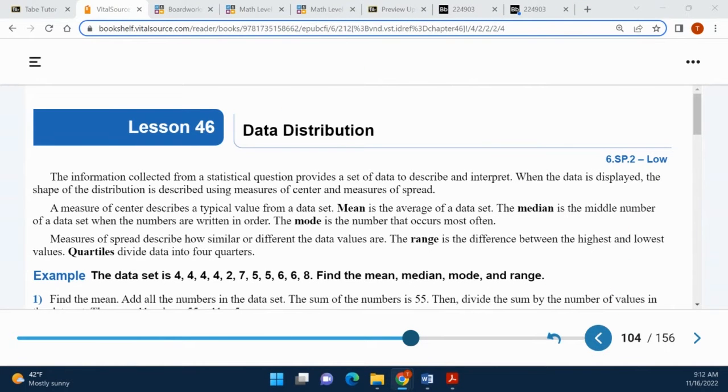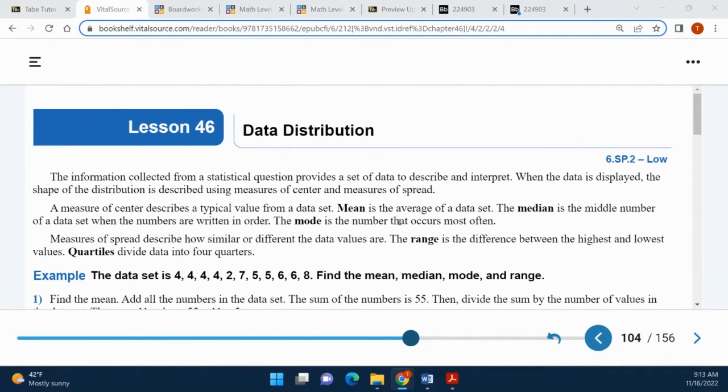Awesome. Thank you so much. That was beautiful. So with that, we have reviewed our vocabulary words, and you see they're in bold print so that they stick out, and we were provided the definitions again. So mean has to do with the average. Median has to do with the middle number of the data set.